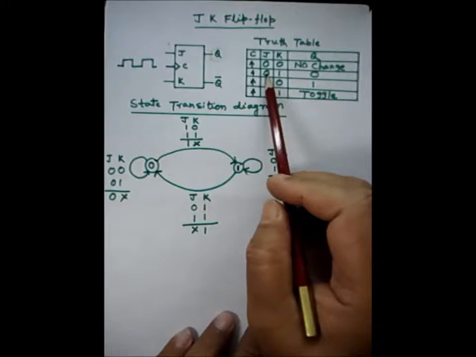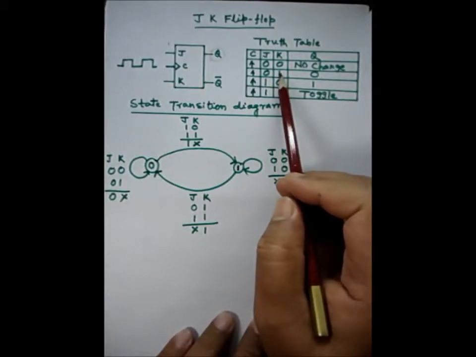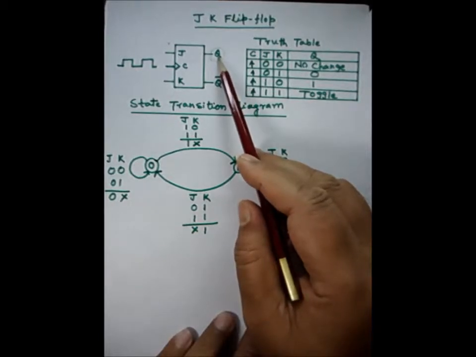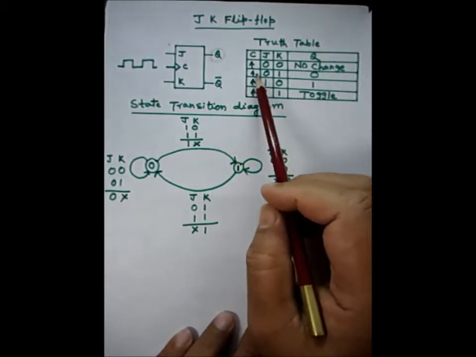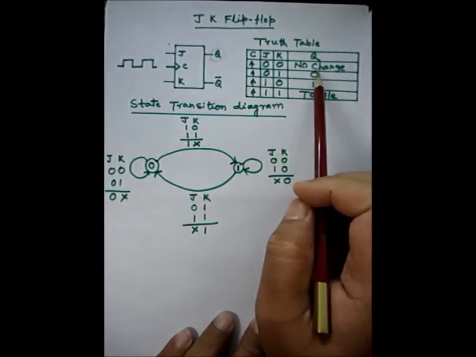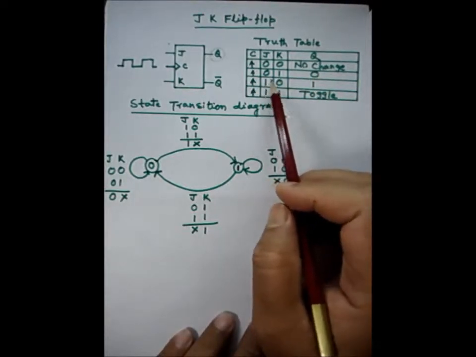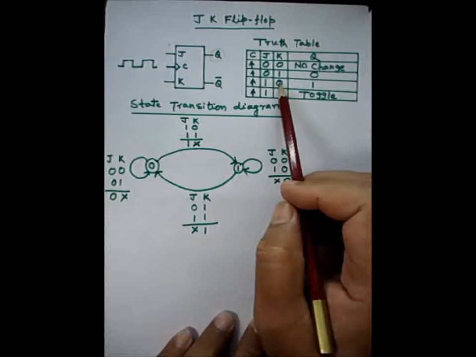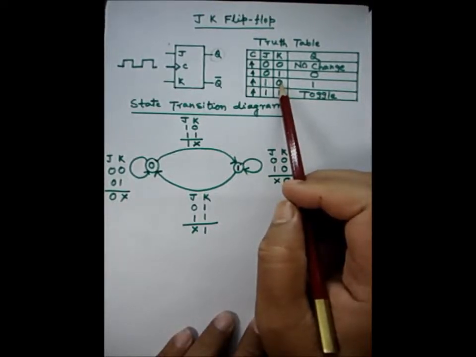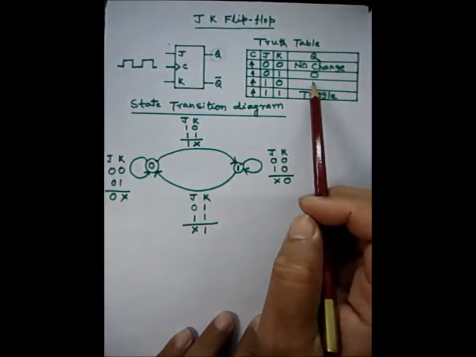Now when J equal to 0, K equal to 1, whatever the previous value of Q, after the positive triggered clock pulse happens, then the Q will be 0. When J equal to 1, K equal to 0, as the positive triggered clock pulse arrives, the Q will change to 1.